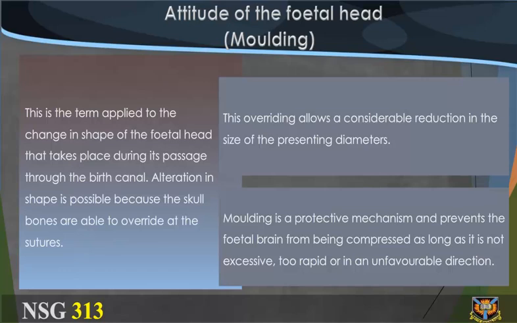This overriding allows a considerable reduction in the size of the presenting diameters. Molding is a protective mechanism and prevents the fetal brain from being compressed as long as it is not excessive, too rapid, and in an unfavorable direction.